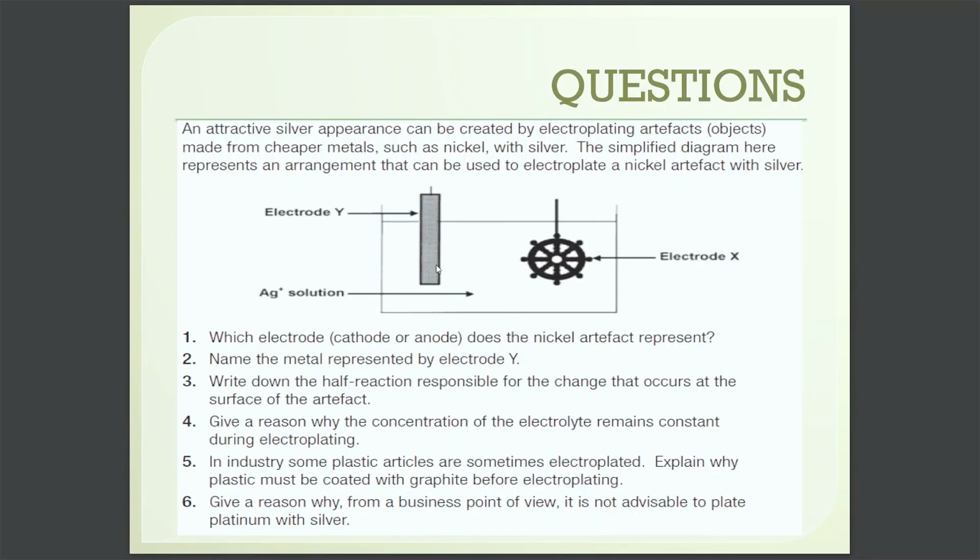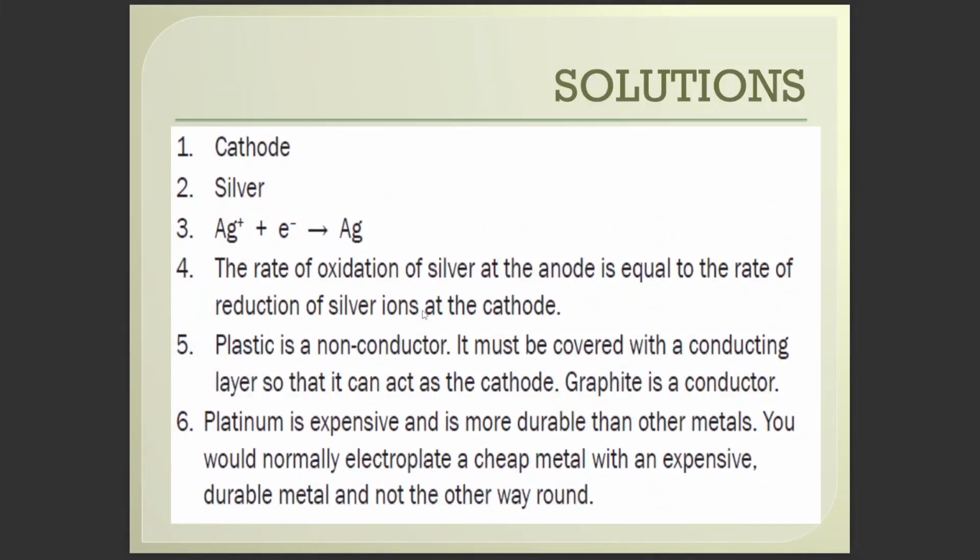So in this case, if electrode Y is silver, the half reaction they are looking for, responsible for the changes occurring on the surface of the artifact, should be silver. If you check the half reaction on your standard reduction potential table, it says Ag+ + e- ⇌ Ag. Very, very important, Grade 12. Let's move to question number 4.